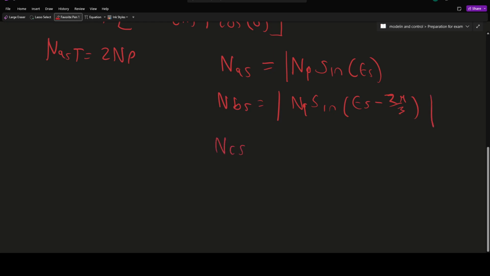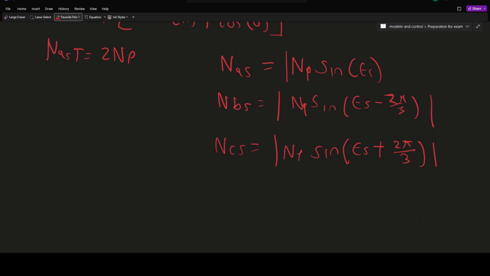And N_C equals N_P sine of epsilon s plus 2 pi over 3, which is our shift of 240 degrees. Okay, so this is the basics.